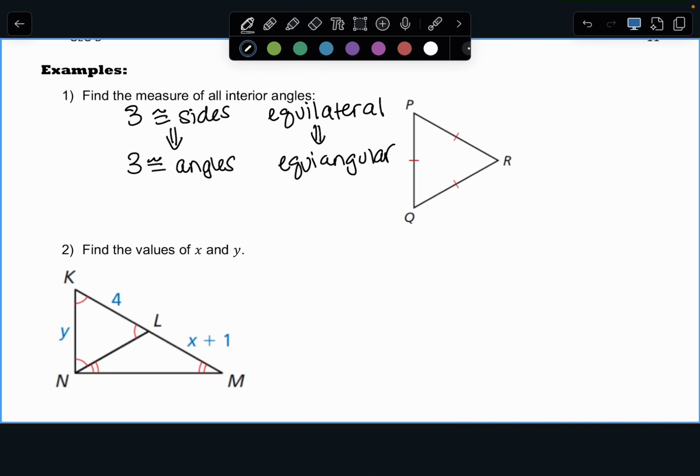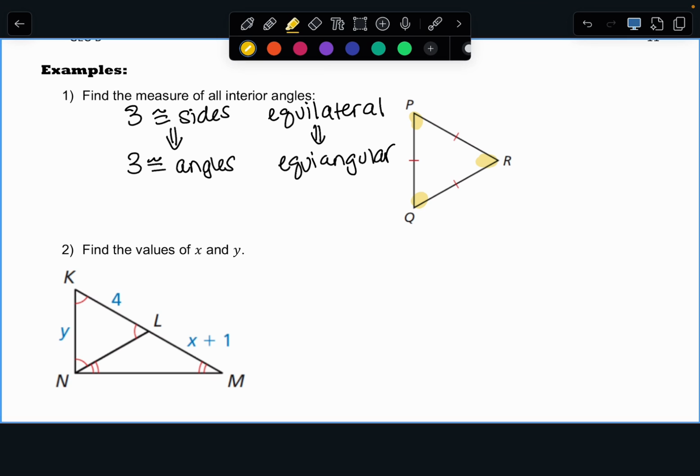All equal angles. So that means that every one of these angles, angle P, angle Q, and angle R, are all the same. This is just a plain equilateral triangle. I have no measurements, so whatever I get here for these angle measures, it's going to apply to every equilateral triangle, because this isn't a specific one; I don't have side lengths.